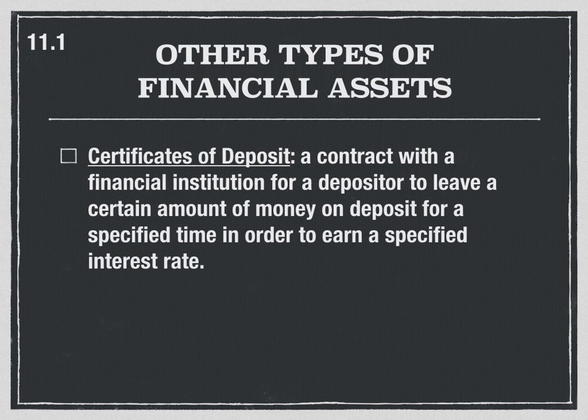There are other types of financial assets. We've talked about both of these types. Certificates of deposit: this is where you put money on deposit with a financial institution, and everybody agrees you're going to leave the money in there for a specified length of time. The bank will give you that money back with a high interest rate as well.